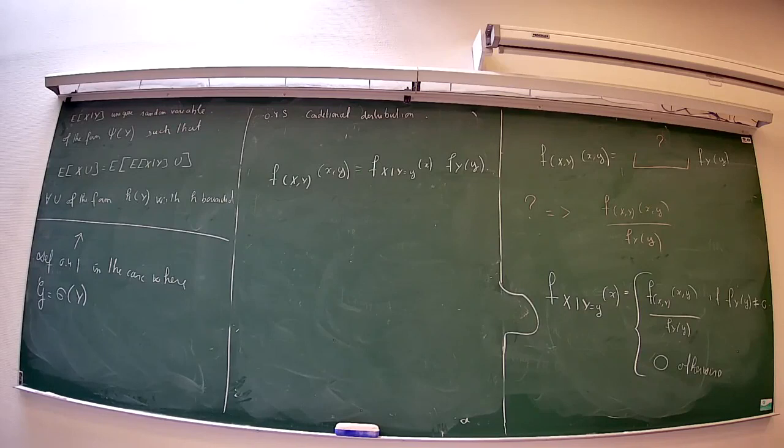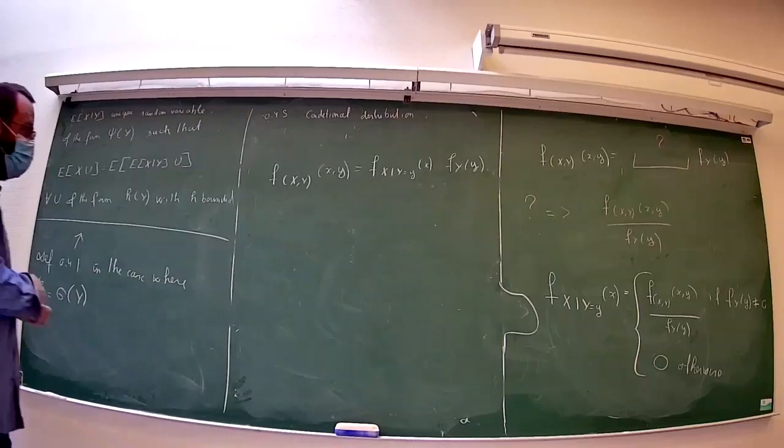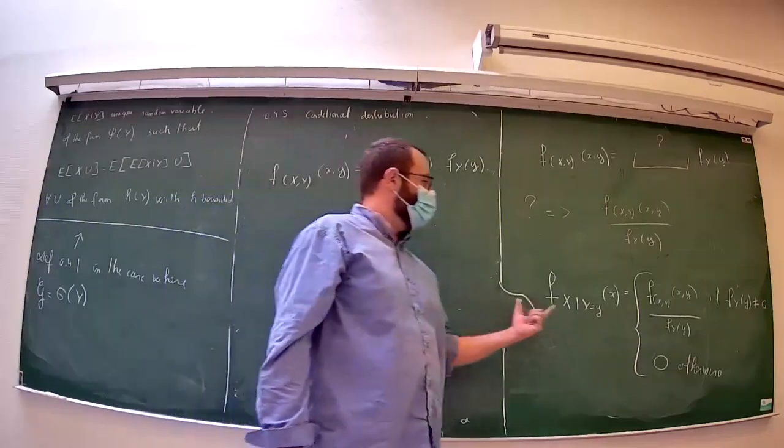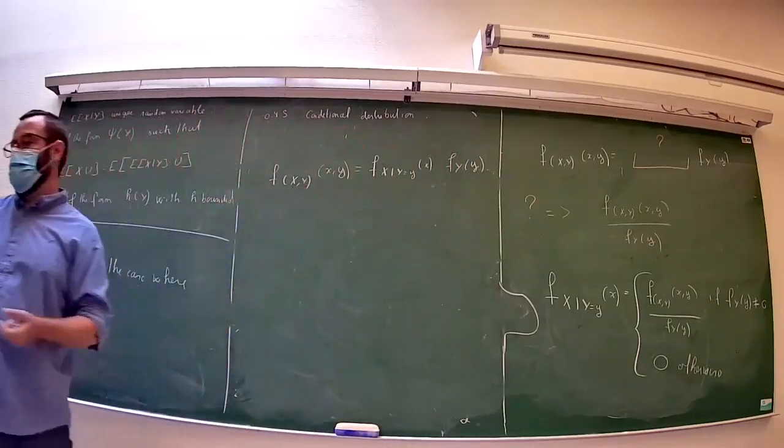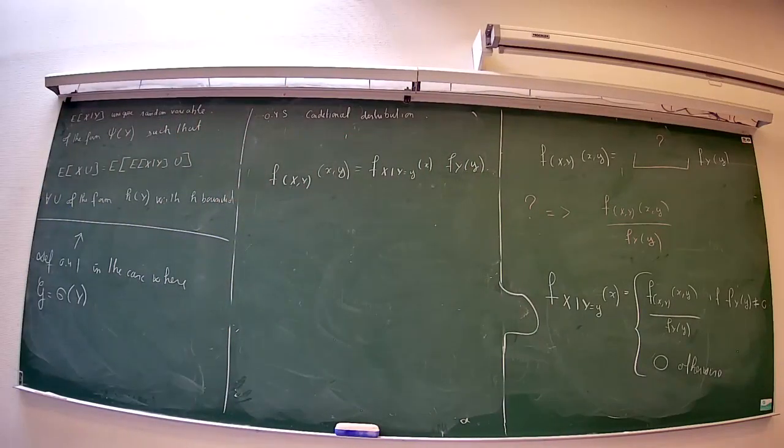So if you want, the conditional density is what replaces the density of x when we don't have the independence hypothesis. Okay, so this is the definition of the conditional density, and the way it is used to decompose the joint density. It was just a reminder of how the conditional density is defined.